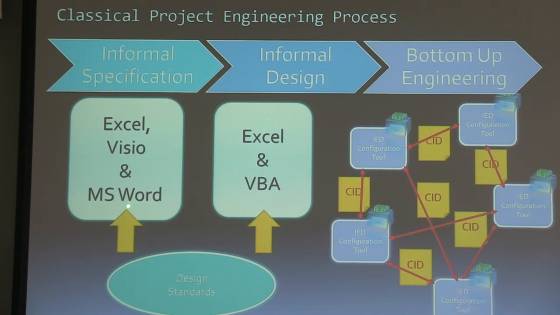Then the documents are handed over to the system integrator. And the system integrator is very often doing the design also in Excel, but because he has to deal with thousands of signals, very often you find that the system integrator has Visual Basic applications for Excel, or also some specific tools, let's say to extract signal lists for the gateway configuration, to extract signal lists for the HMI configuration.